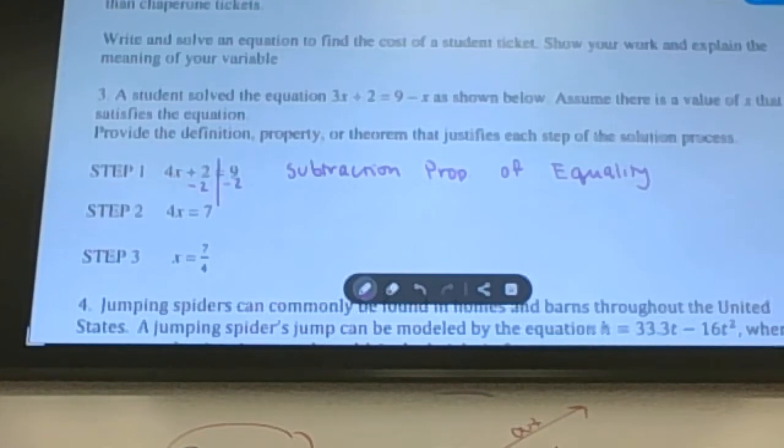So from step 1 to step 2, 9 turned into 7, the 2 disappeared. So 2 was subtracted from both sides of the equal line. Subtraction property of equality. And then the opposite of multiplying by 4 is dividing by 4. So that's the division property of equality. And that's the answer. What about step 3?